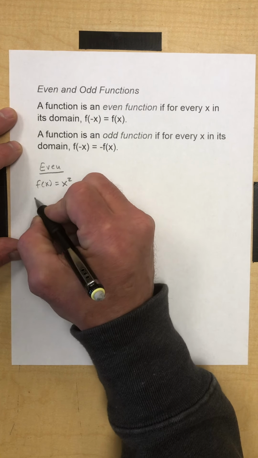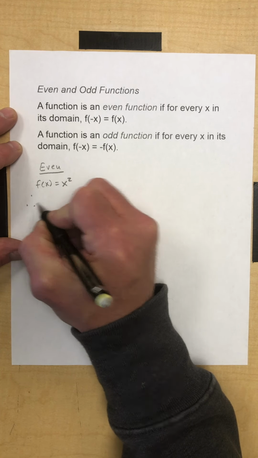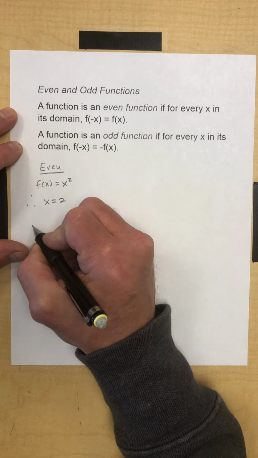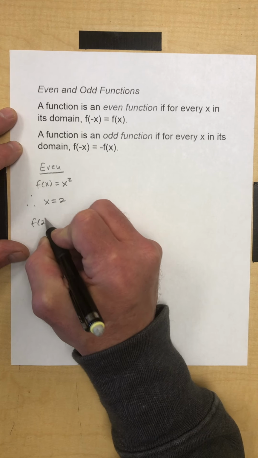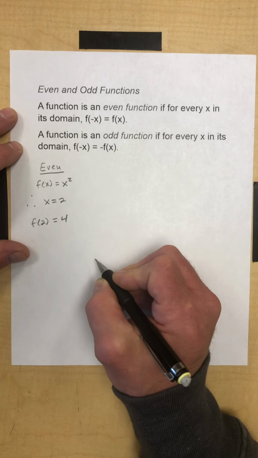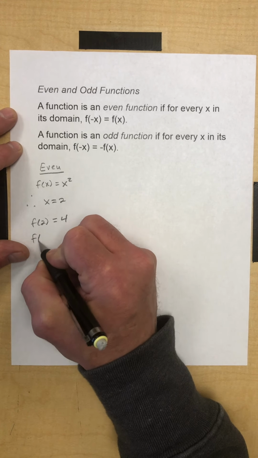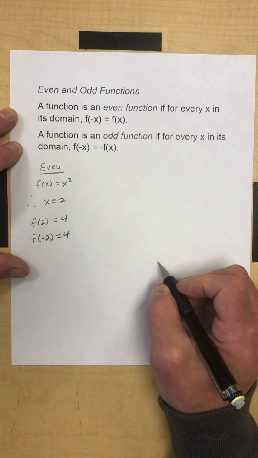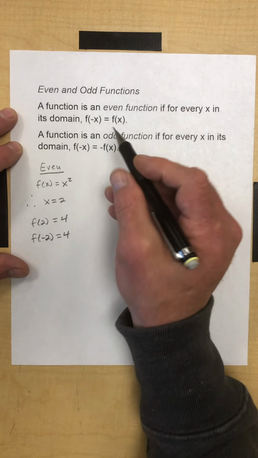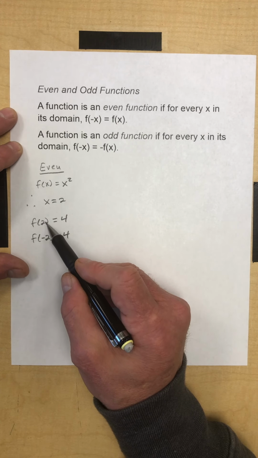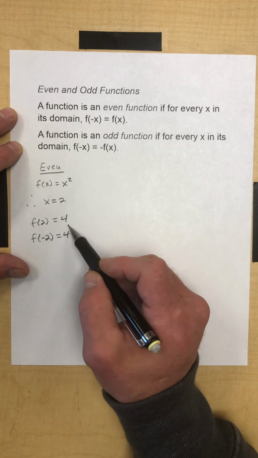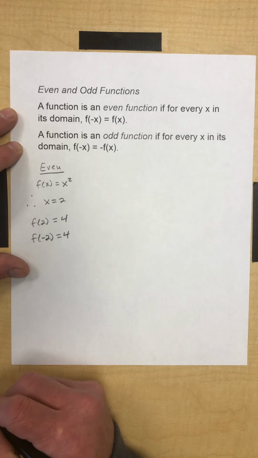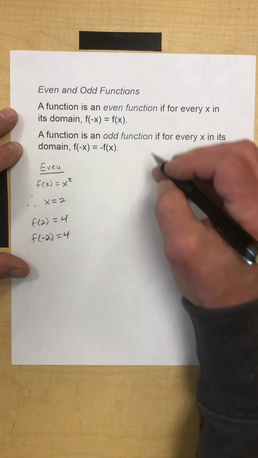So for instance, let's suppose we use x equals 2. We notice that f of 2 gives us 4, but we also noted that f of negative 2 gives us 4 as well. So f of a pair of opposites gives us the exact same y value. That's what happens in an even function.